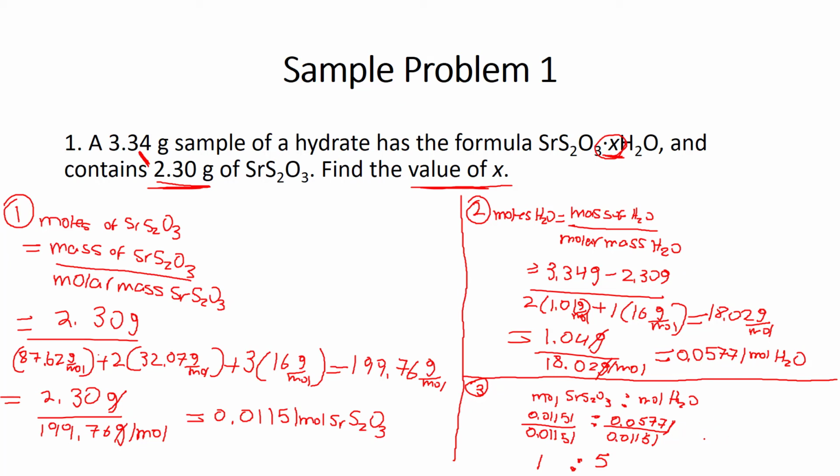Therefore, the value of X is equal to 5. So the final answer would be SrS2O3·5H2O.